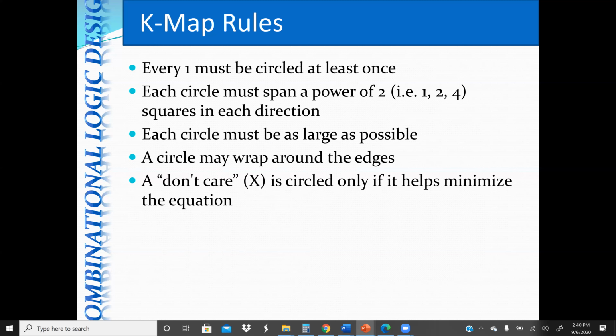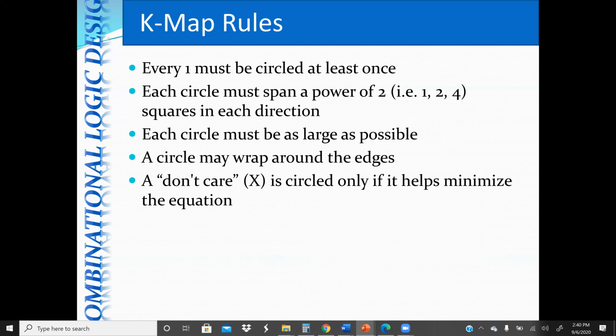I circle all 4 together, so I have 4 elements in one circle instead of 2 and 2. Unless there is a zero between the 2 and 2, then we can't circle all 4 together. But if all 4 or 8 are adjacent together, then we circle them all together.